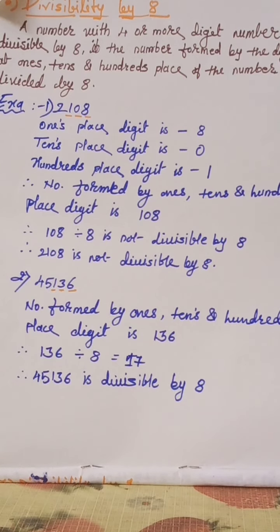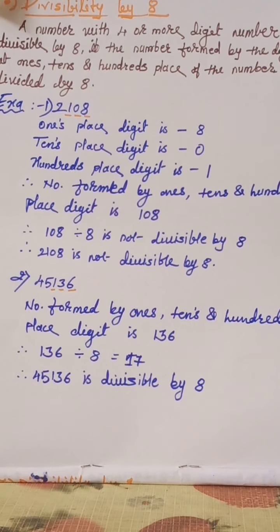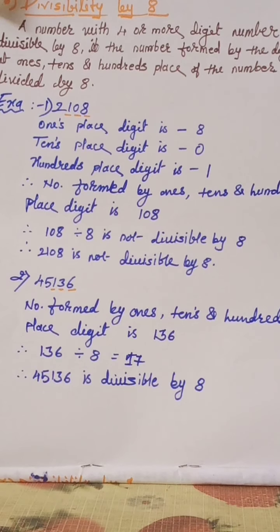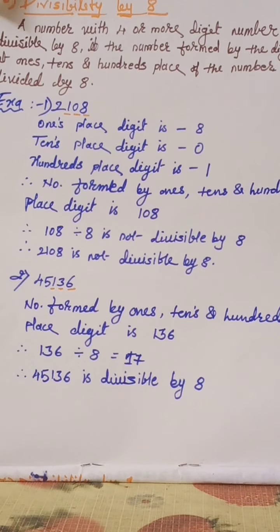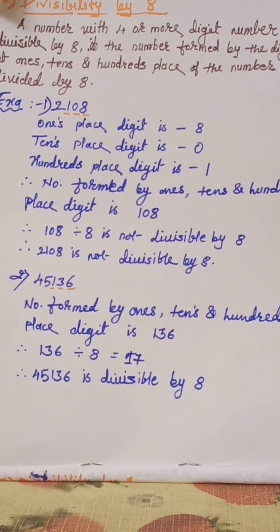Now see one example, 2108. The last 3 digits, hundreds, tens and ones places, are 108, and 108 is not divisible by 8. Therefore, this number is not divisible by 8.